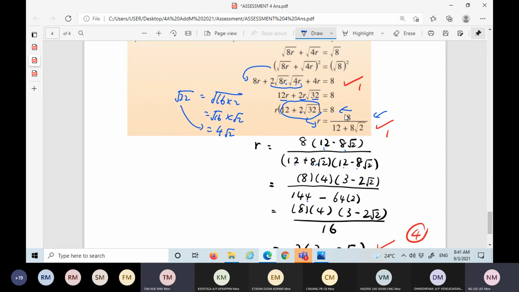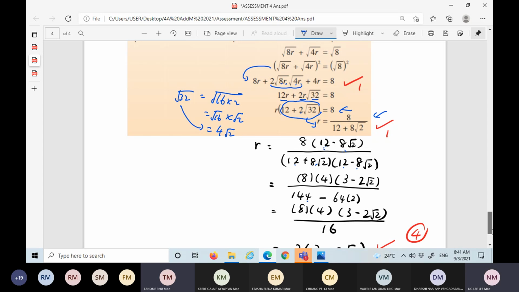You square again both sides? R become R squared. Then from R squared I did the B squared minus 4AC, that one.